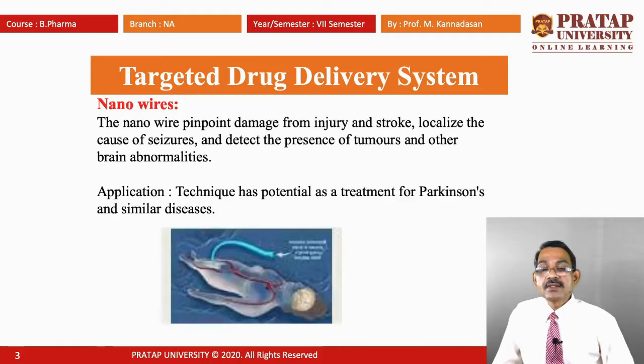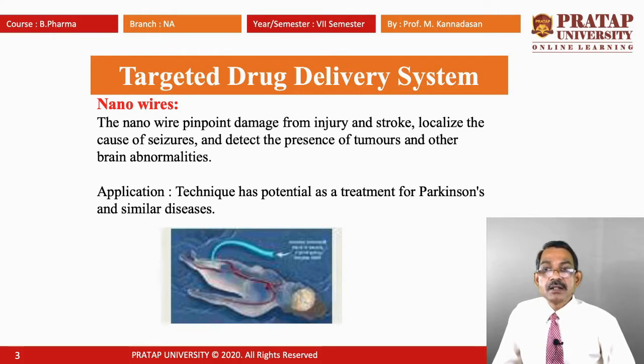Next, nanowires. They are specifically used to pinpoint the damage of any injury and stroke in the human body, particularly the brain and minute organs.